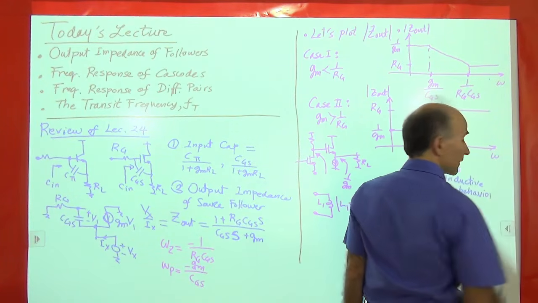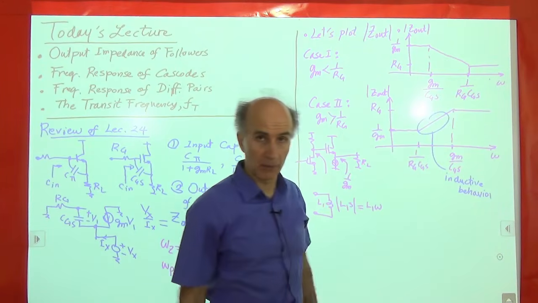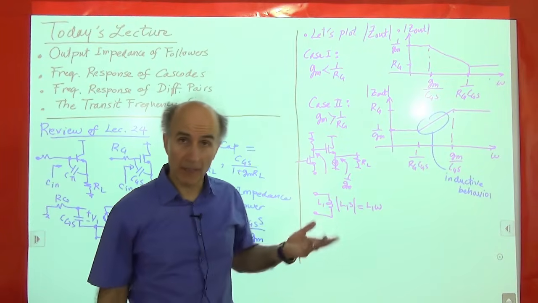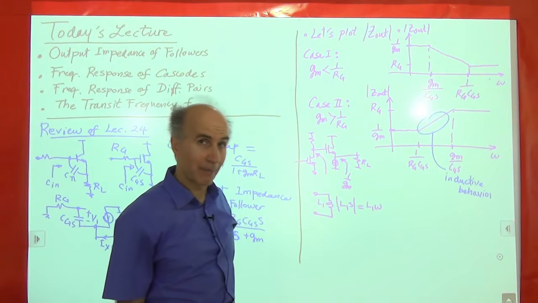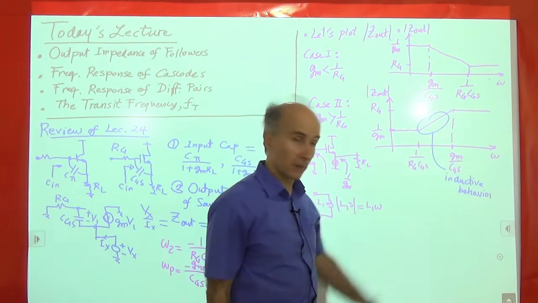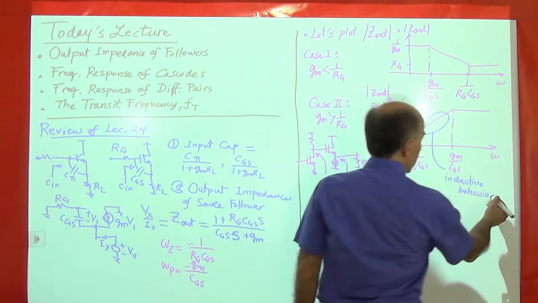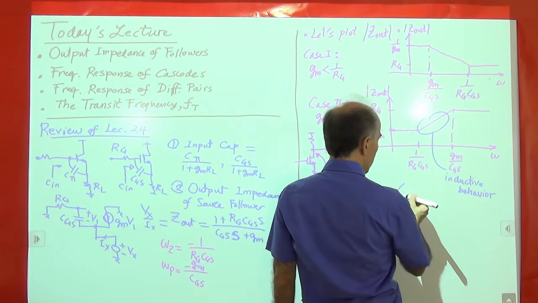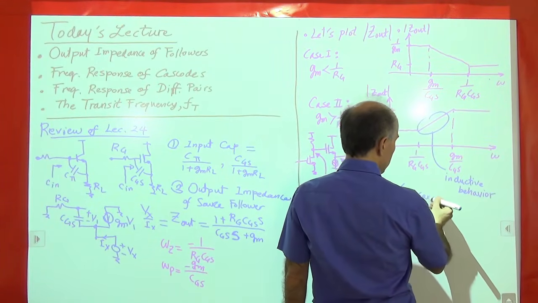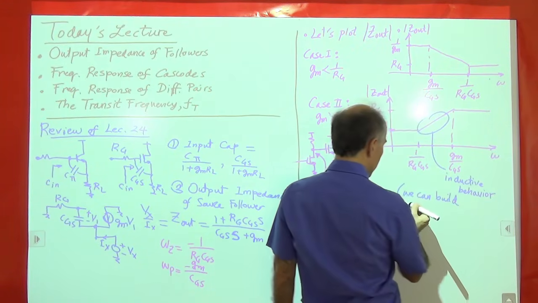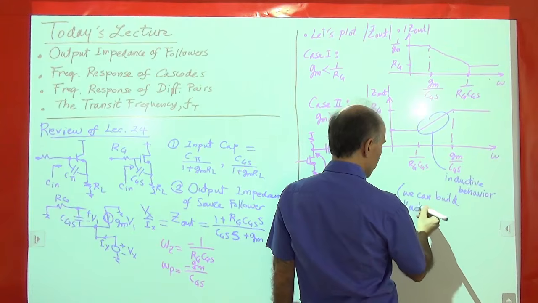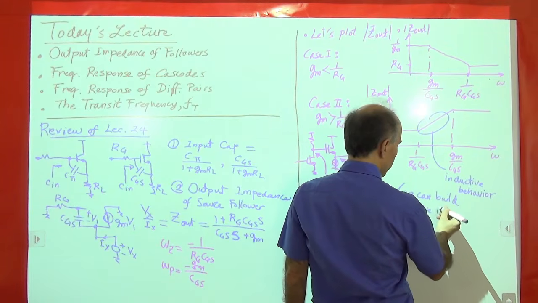And that's the reason we studied this output impedance. Now, is that a good thing or a bad thing? Well, it depends on the application. In some cases, we actually benefit from this inductive behavior. In fact, using that, we can build what we call active inductors.